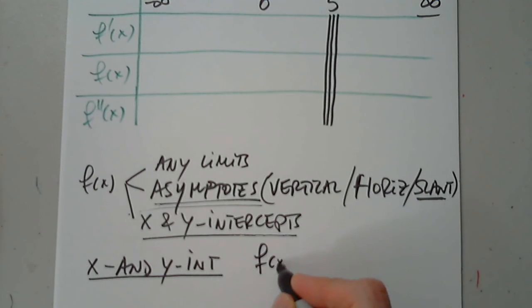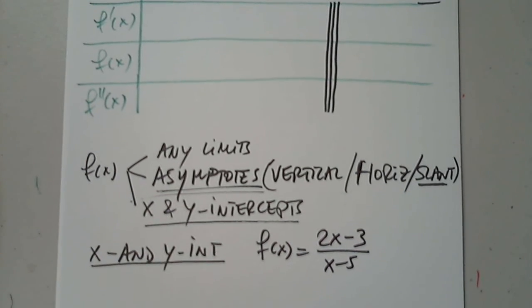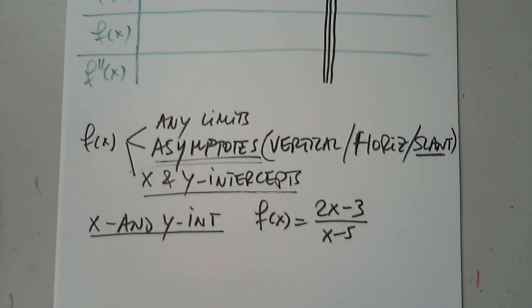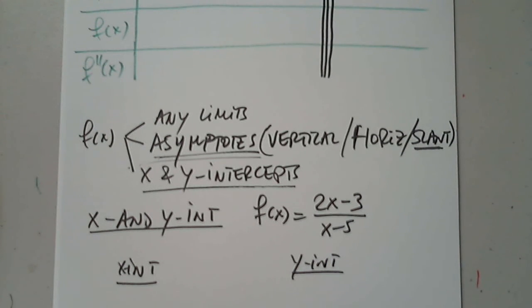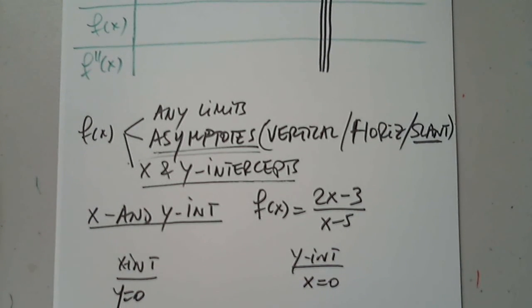So here's the function again. How do I find, let's say, the x-intercept? And then how do I find the y-intercept? Anyone? Yes? X-intercept y equals 0. Of course. Thank you very much. And I know you're going to say x equals 0. Awesome.